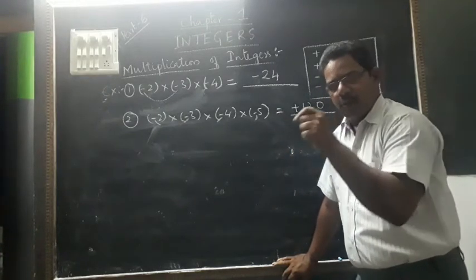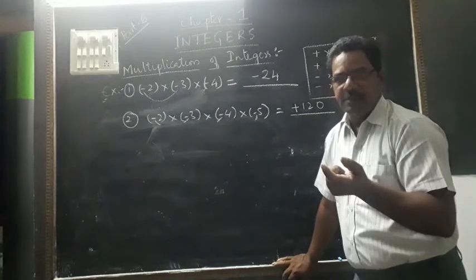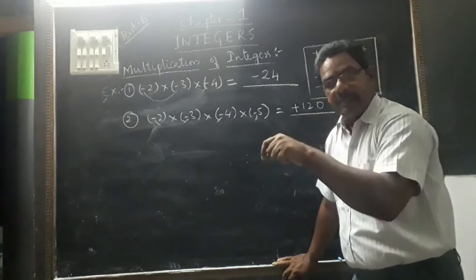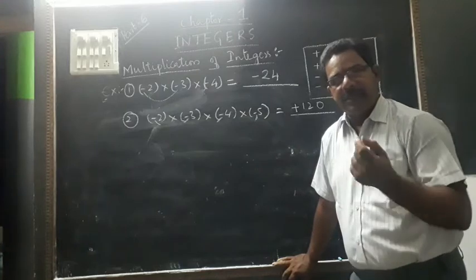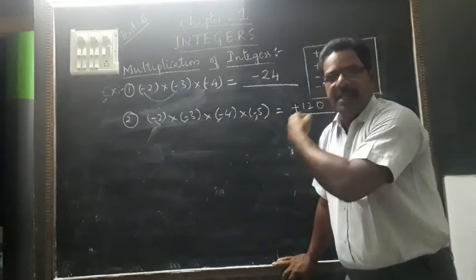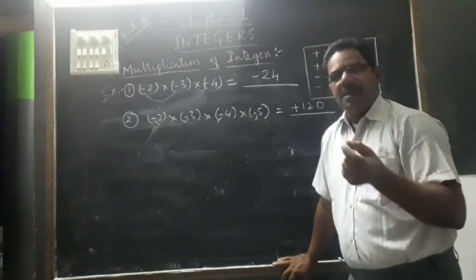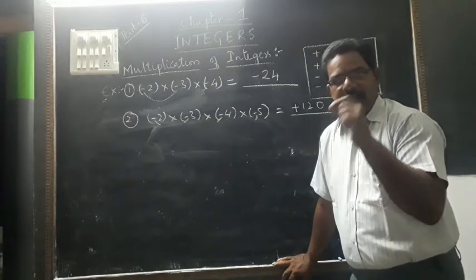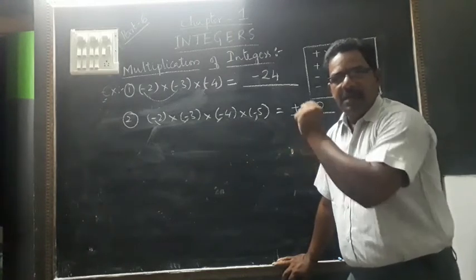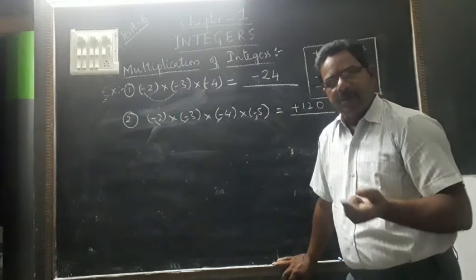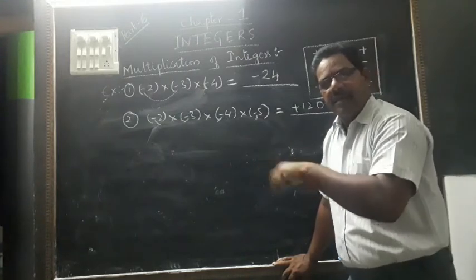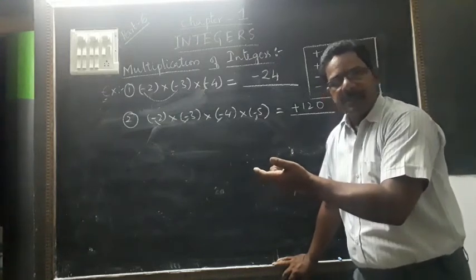Understand? So the multiplication of 2 integers will become a positive integer and 4 integers will become positive. 6 negative integers you have taken, the resultant integer symbol is positive. 8 integers, the resultant symbol is positive.